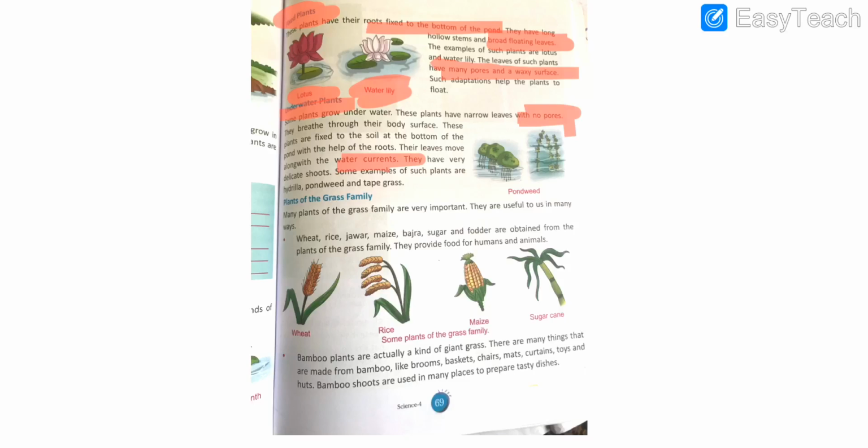Their shoots are very delicate, and the examples of such plants include tape grass, pondweed, and hydrilla. So students, these underwater plants are actually fixed at the bottom of a water body with the help of roots, but from the bottom they actually emerge out due to their long shoots.